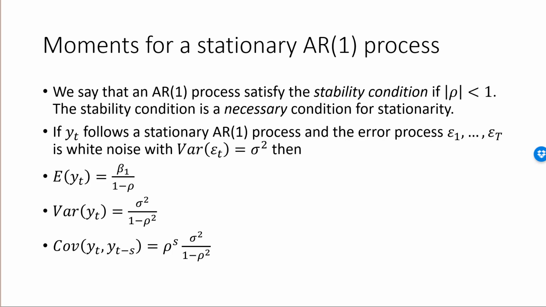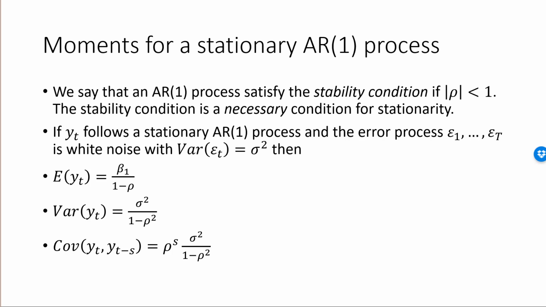Also note that since rho is strictly between -1 and 1, rho to the s will become smaller and smaller as s increases. And that means that the covariance between y_t and a lagged value of y, s periods back, will decrease as s increases. Again, for time series data, that is quite realistic. Two observations very far from each other in time ought to be less correlated than two observations which are close in time.